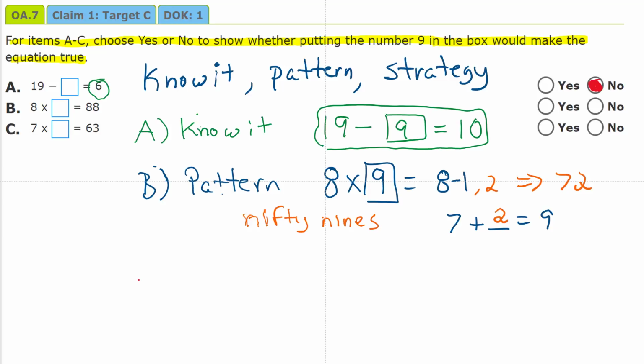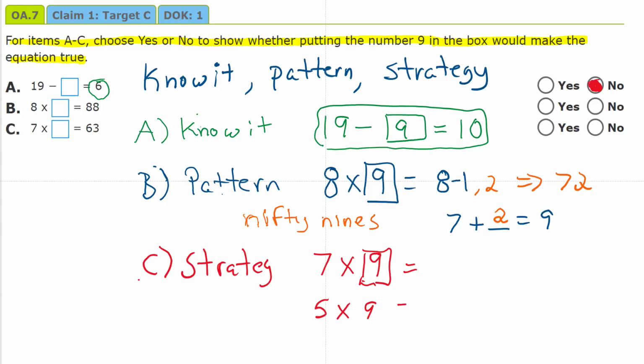Now for C, we're going to use a strategy. On C, we're going to do 7 times 9, because that 9 was what was in the box, and we're going to figure out what that's equal to. Well, we can do two problems right here. We can break this down to 5 times 9, and we might already know that 5 times 9 is 45.